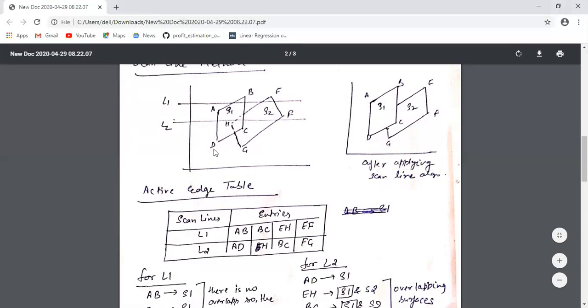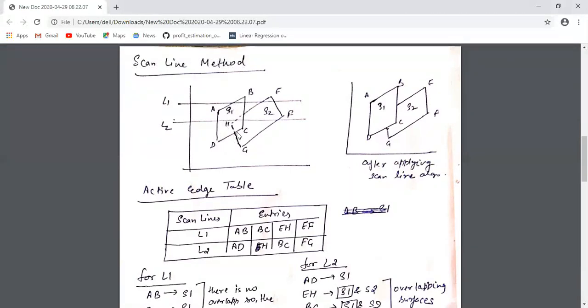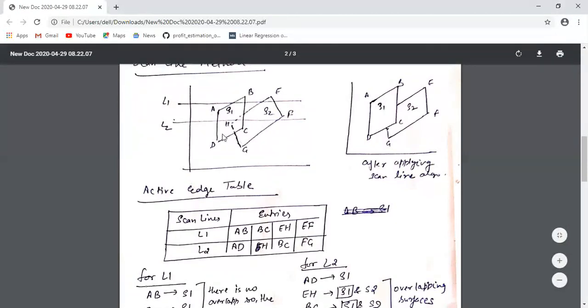Since this particular surface is opaque, that is non-transparent, the scene should look like this. That means this particular portion should occlude this portion, right? So how do we do that?